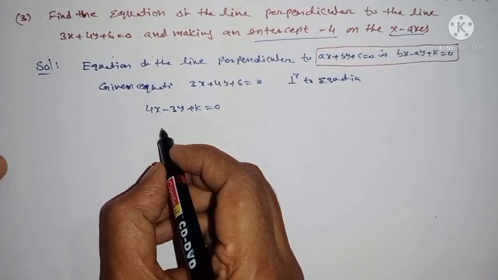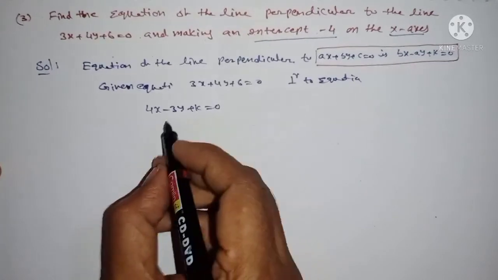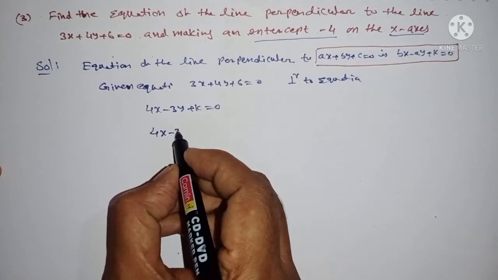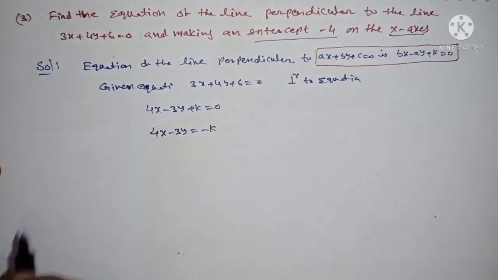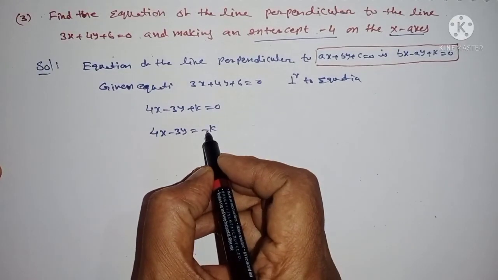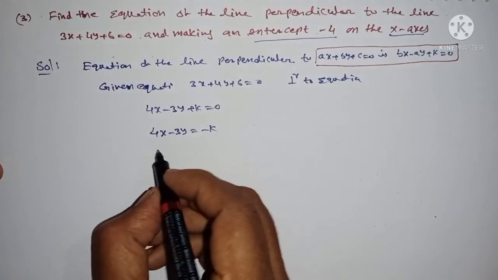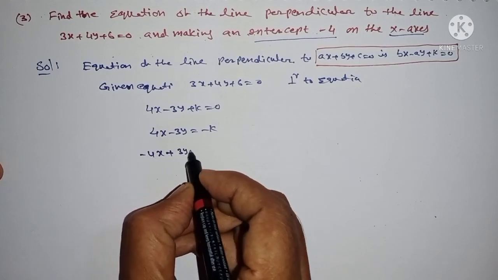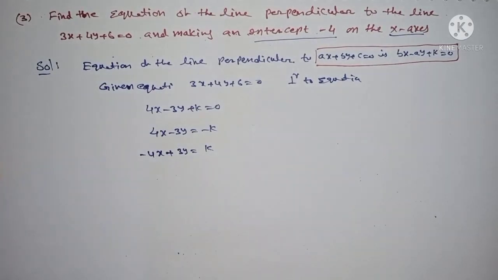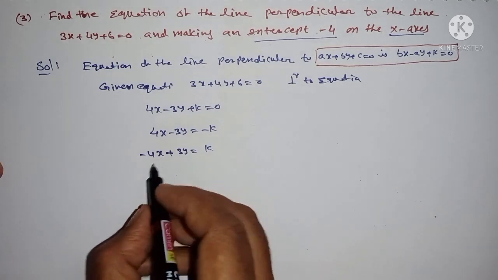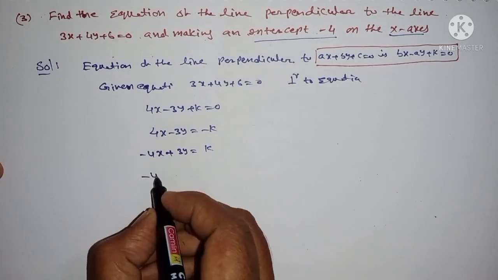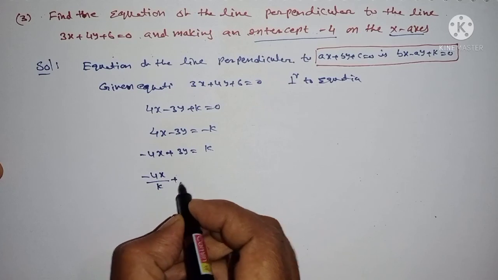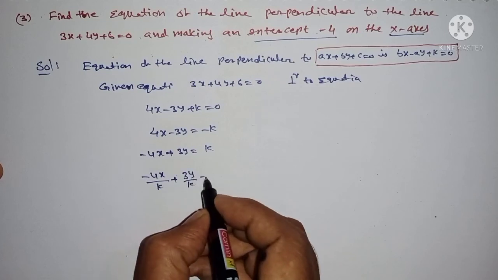Therefore I can write it in intercept form. How can I write the intercept form? 4x minus 3y is equal to minus k. You can multiply both sides by minus, so 4x plus 3y is equal to k only. Then divide by k: minus 4x by k, 3y by k is equal to 1.